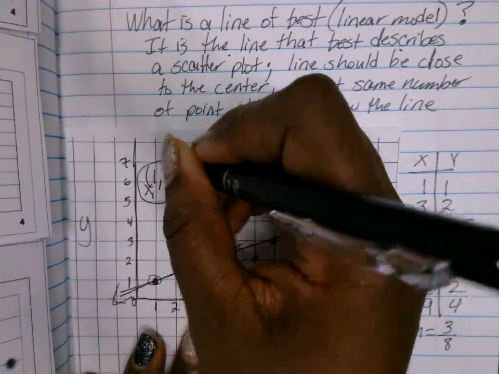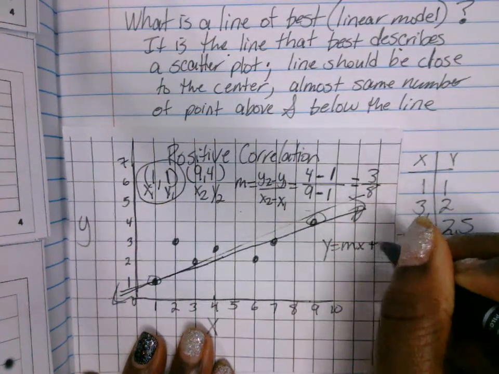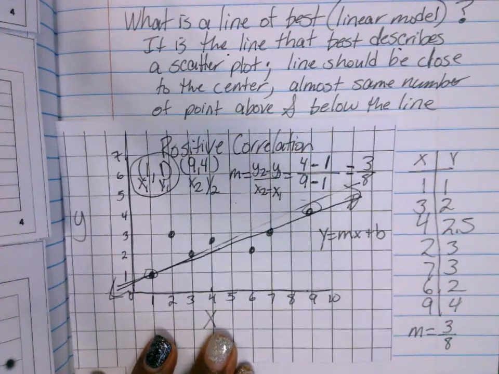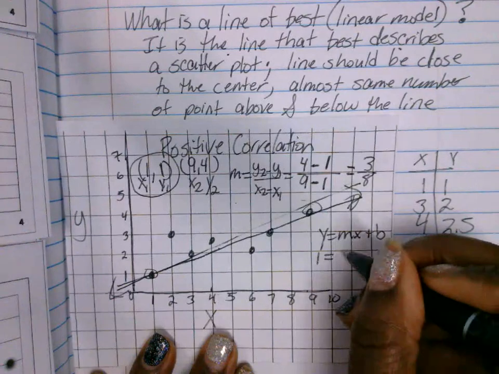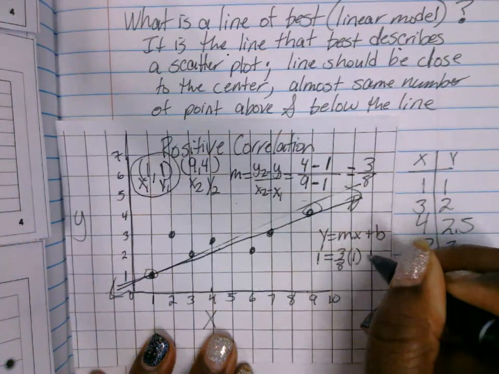Definitely this one. So we're going to use y equals mx plus b. We substitute 1 for x, 1 for y, and the slope for m. So we got 1 equals 3/8 times 1 plus b.